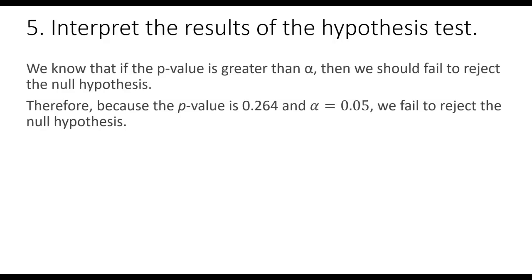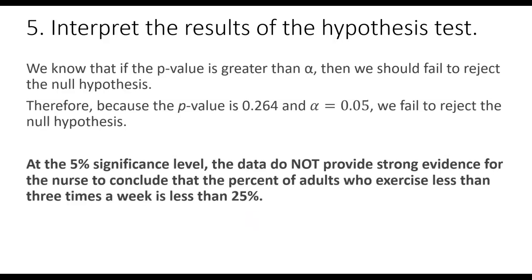It's very easy to see that the p-value is greater than alpha, and therefore we fail to reject the null hypothesis. Interpreting that, at the 5% significance level, the data do not provide strong evidence for the nurse to conclude that the percent of adults who exercise less than 3 times a week is less than 25%. We don't have enough data to show that this is true.